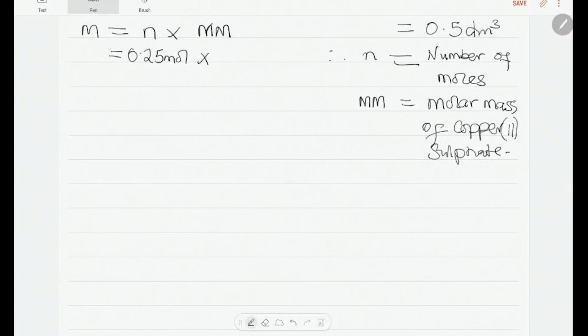Copper is represented by the symbol capital C, small u, and oxygen is represented by capital letter O. The valence for copper in this case is 2, and the valence for oxygen is also 2.